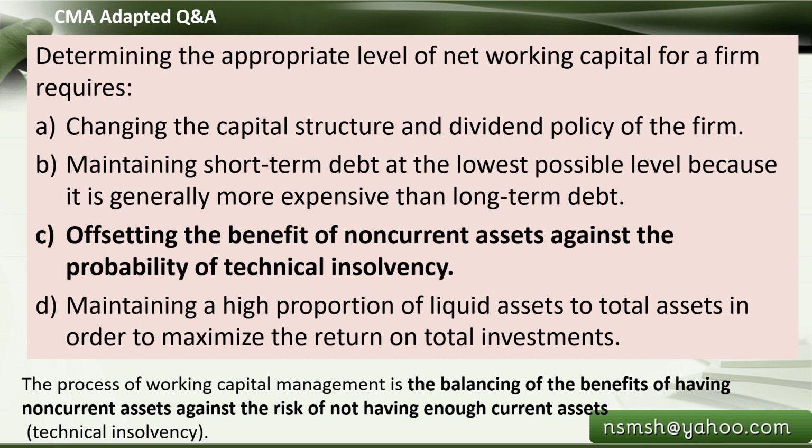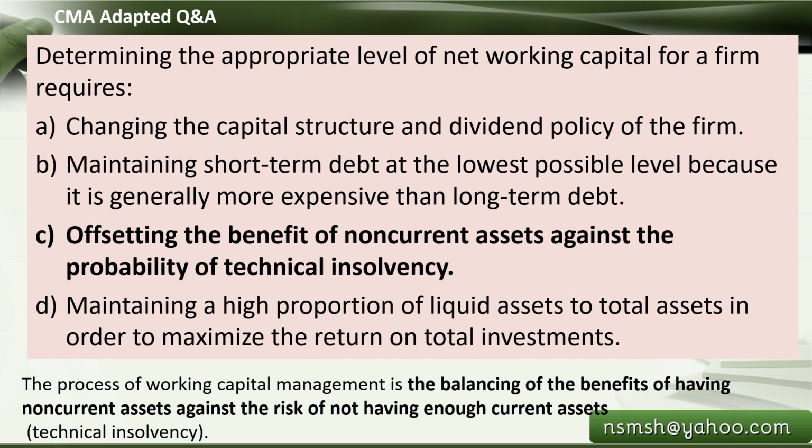The more benefit we derive from non-current assets, which are of a long-term nature, and if we have cash flow coming in to meet the short-term debts, so that we can maintain liquidity and avoid solvency issues, that is much better for the appropriate level of net working capital for a firm. So that's why option C is the best choice.